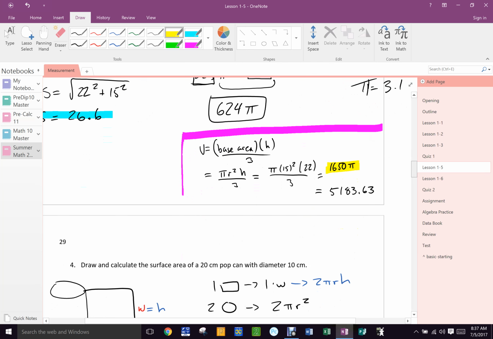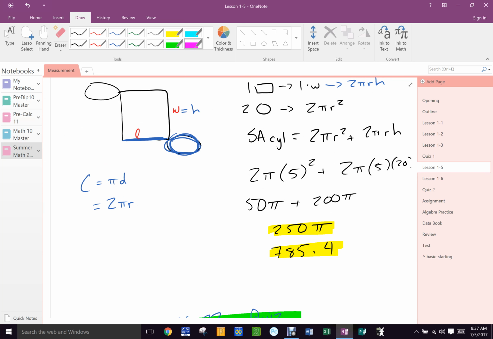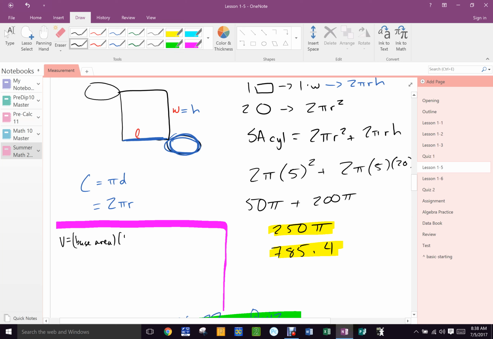Volume's pretty easy. Cylinder. Is a cylinder a prism or a cone? Prism. So there's no divide by 3, right? It's just base area times height. Oops, not divided by 3. But the base area is pi r squared times height.